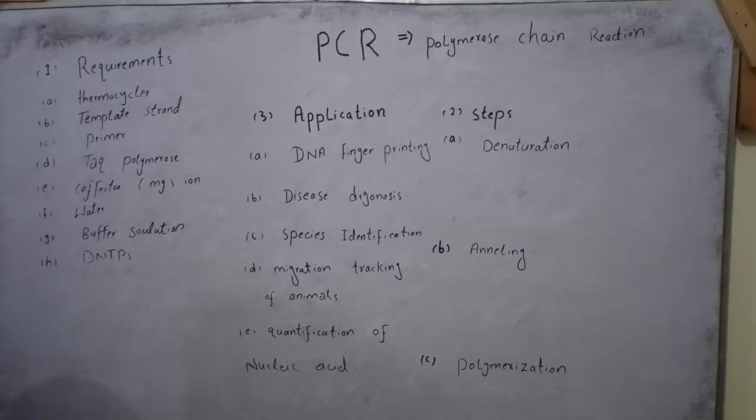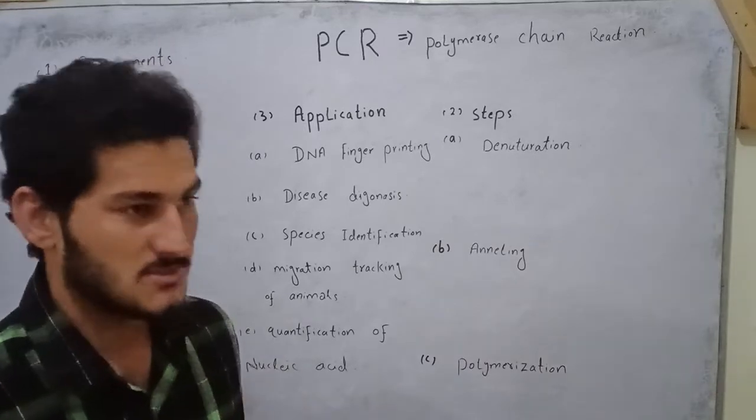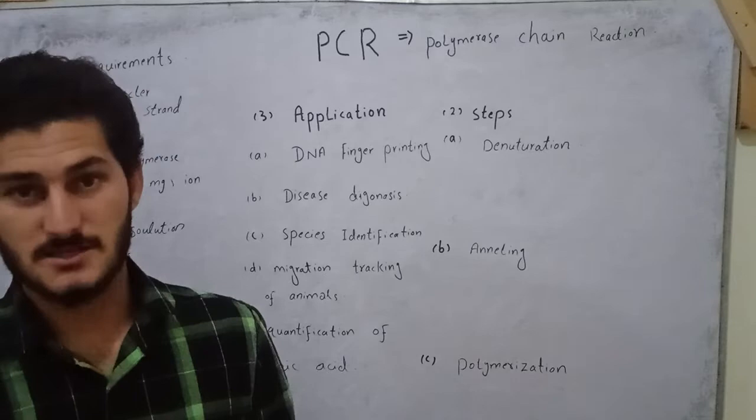Now let's start the steps of PCR, that is, how PCR can be done. So the first step is denaturation. In denaturation, we have a double-stranded DNA.